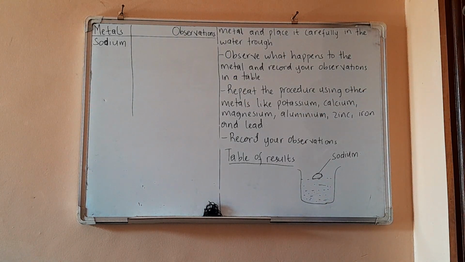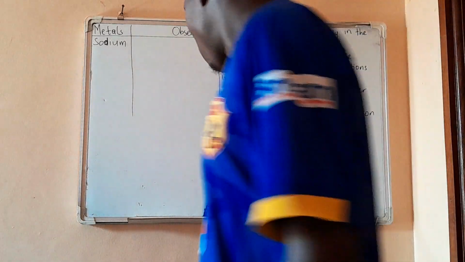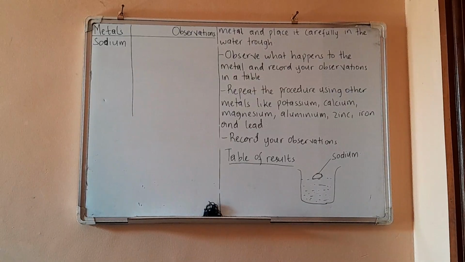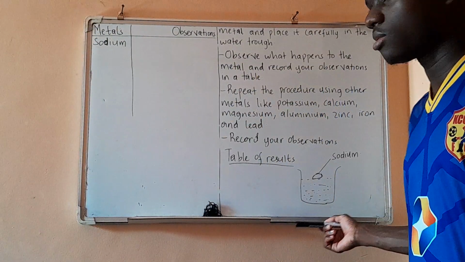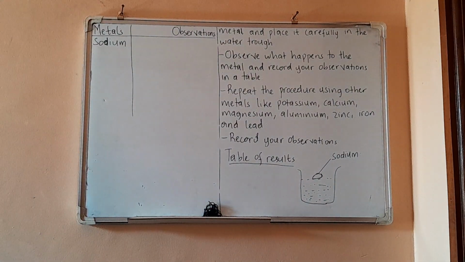So when this piece of sodium metal is dropped in a water trough, it's going to float as sodium reacts with the cold water. So what is going to be our observation?